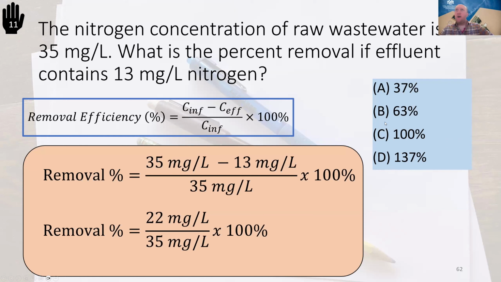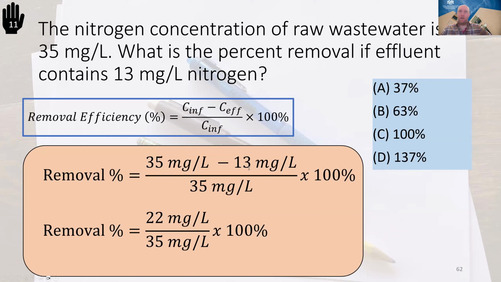Okay, so most people said 63%. So awesome job. Let's go through and we'll do that calculation really quick. Okay, so first what I did is I just put my values into this equation. So the influent concentration minus the effluent concentration divided by the influent concentration.